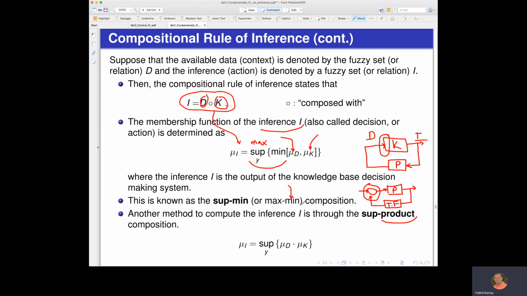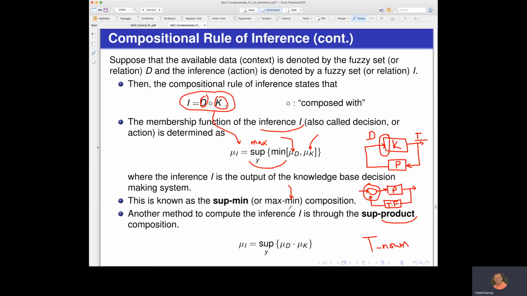So product and min are all T-norm operators, as we have seen in previous slides. Whether we represent min or product or T-norm, all of them depend on what you are utilizing and what you are told to do in this particular type of implementation.